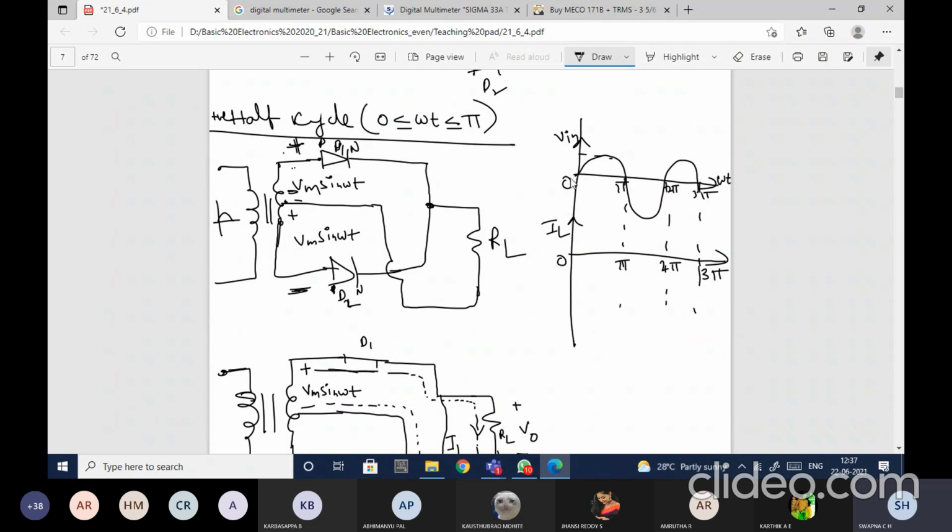From 0 to pi, whatever waveform I have, the same waveform I'll get here also, and its peak amplitude is Im. Then coming to the output voltage V0, again 0 to pi, it will be a sinusoidal signal from 0 to pi, and the maximum peak voltage is Vm. Here it is Vm, and here it is minus Vm. This is for the positive half cycle, 0 to pi.